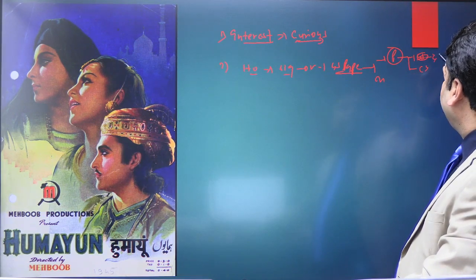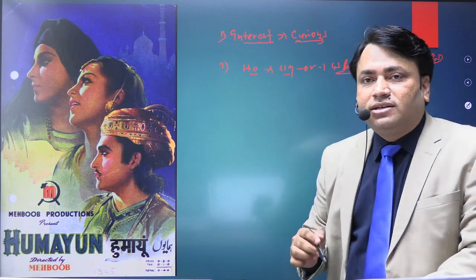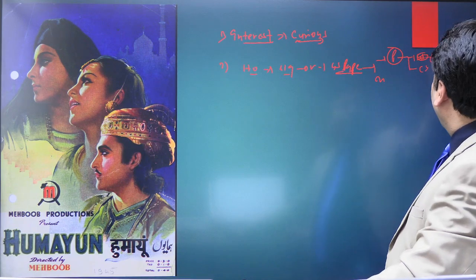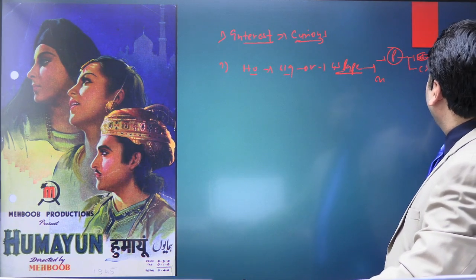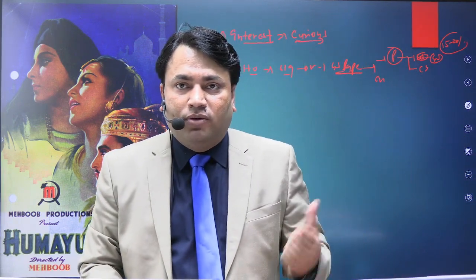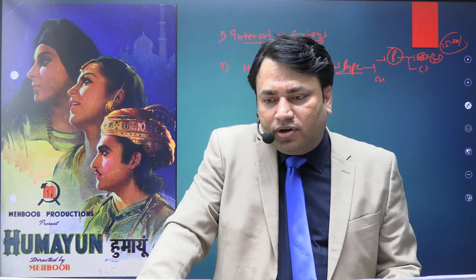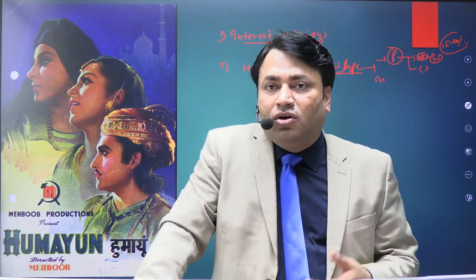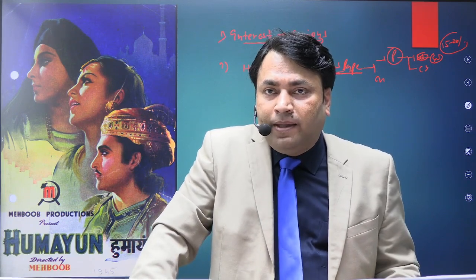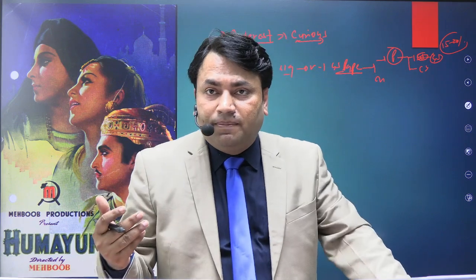Here in the GS paper, from the history subject you can get almost 15 to 20% of prelims questions. So obviously this will be helpful in your prelims examination also. For example, suppose you are opting for a mathematics optional, biology optional, geology optional, anthropology optional, or philosophy optional.